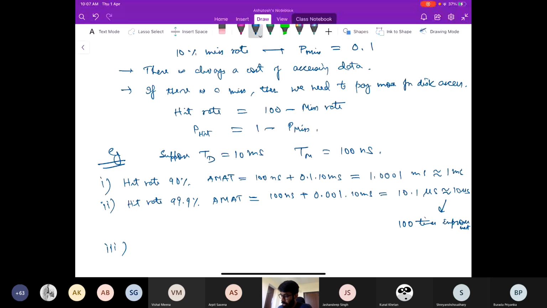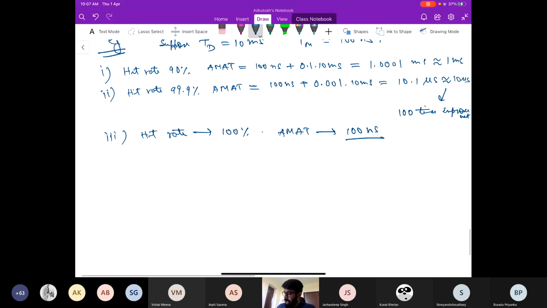And if the hit rate approaches 100%, then the average memory access time will approach whatever the machine time is, 100 nanoseconds, which is very small. This happens because the cost of disk access is very high.